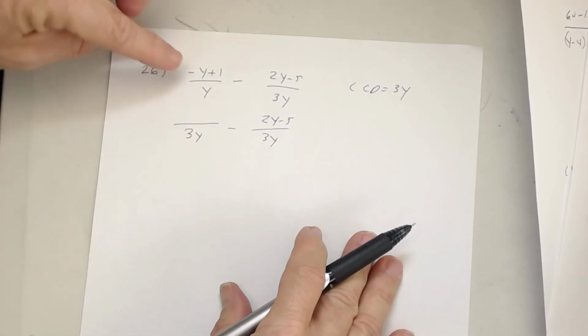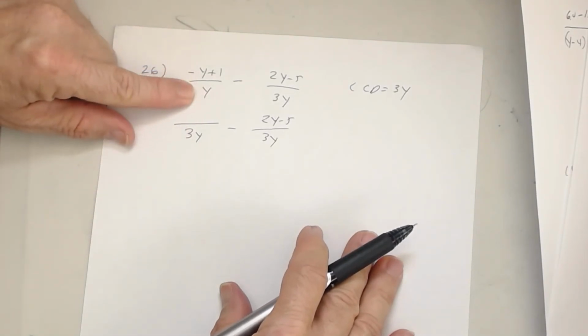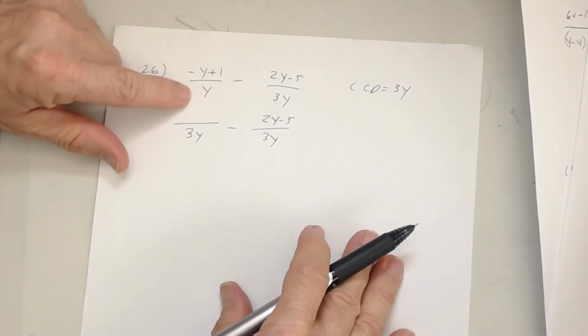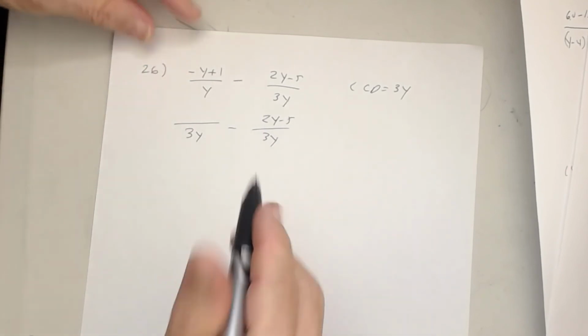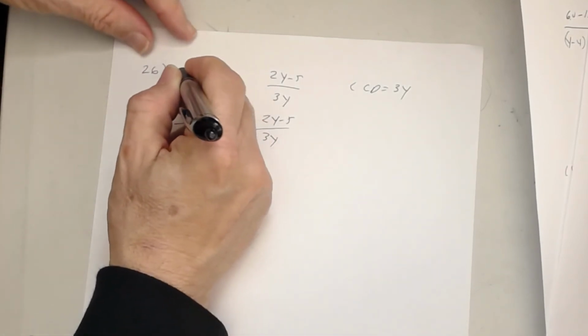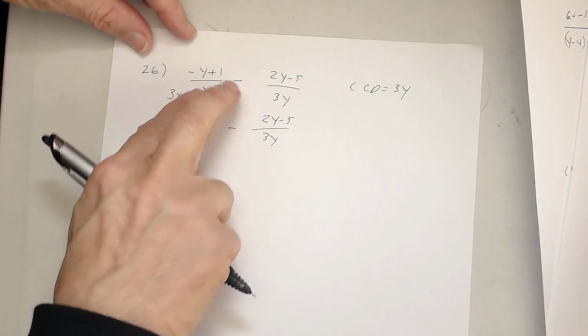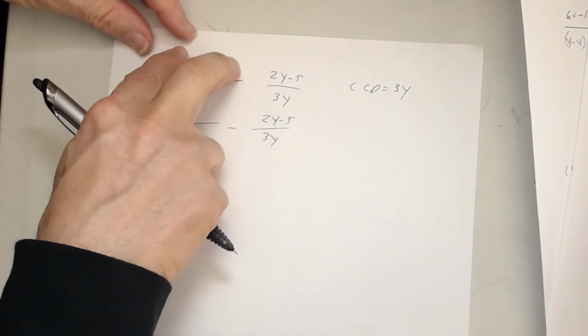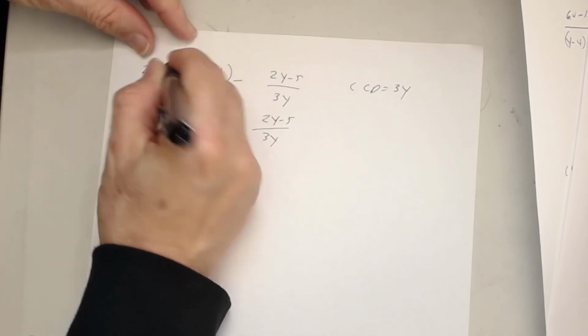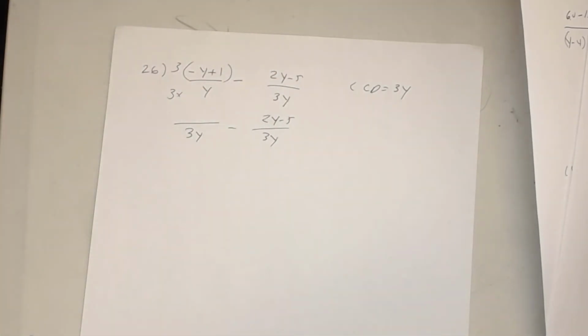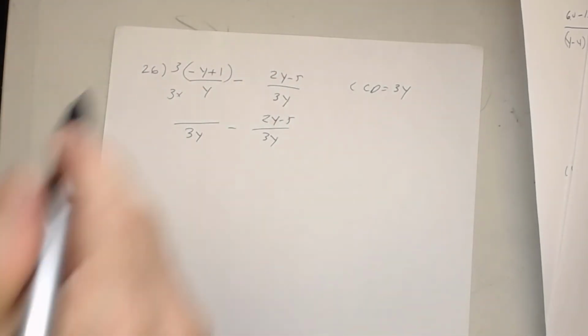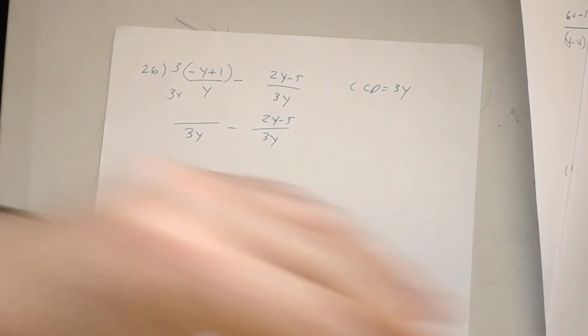All right, let's talk about this one. I have a y, I want a 3y. So what's missing here? I need to multiply this by what? 3. What I do to the denominator, I've got to do to the numerator. Now be careful. Everything that's in the numerator has to be multiplied by what? 3. So let's put that in parentheses, which means I have to use what property now? Distributive property. Okay, so that's why we did this one.